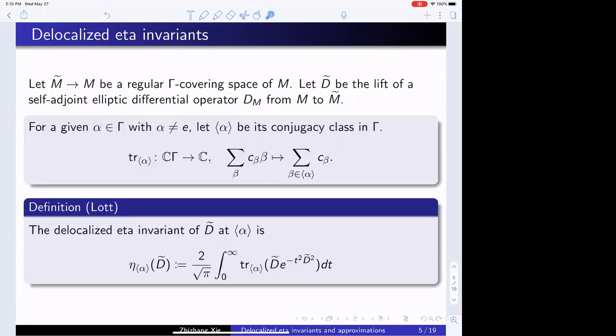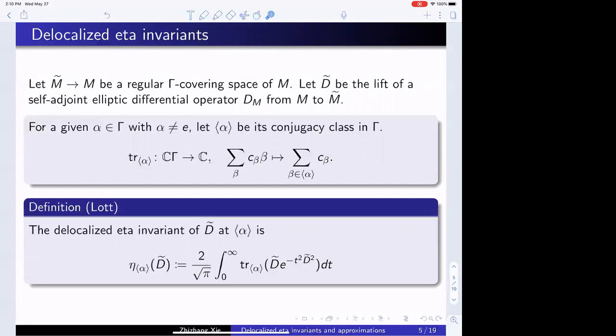Now, you have a self-adjoint elliptic differential operator on M. You can lift this operator to an operator on M tilde. Okay, so now what is the delocalized eta invariant? Before that, let me introduce the so-called delocalized trace. Take any group element alpha in gamma.